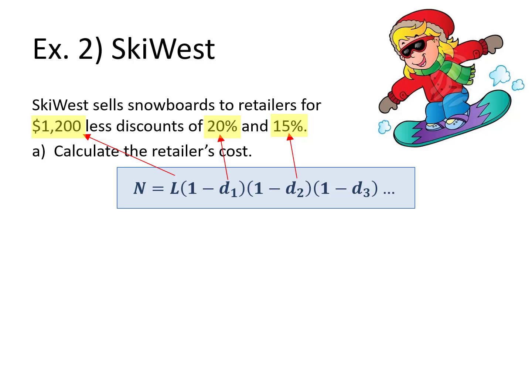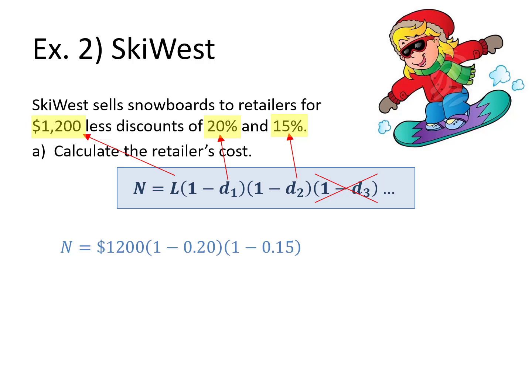So this 1,200 less discounts of 20% and 15% is very typical language that a wholesaler is going to use. The first amount, that 1,200, would be the list price, less discounts of, and then you get the trade discounts listed. Now let's plug this all into our formula.